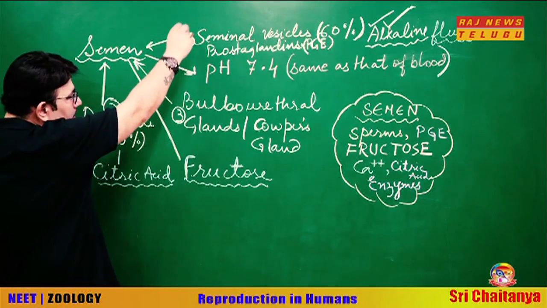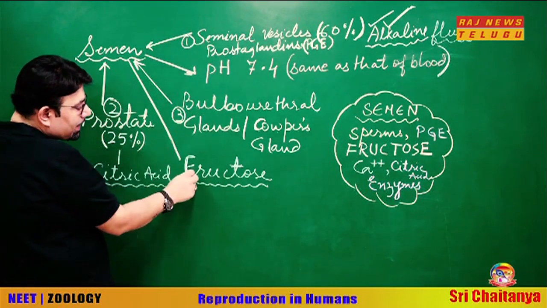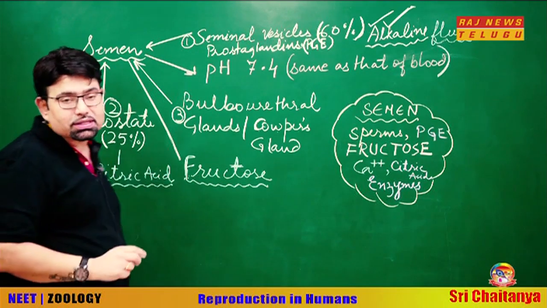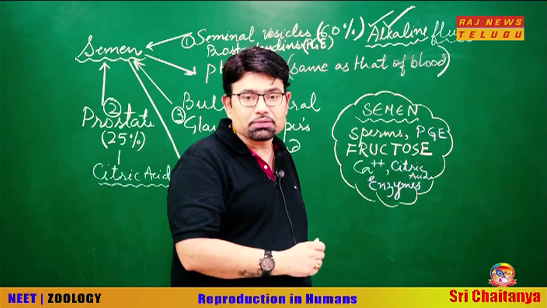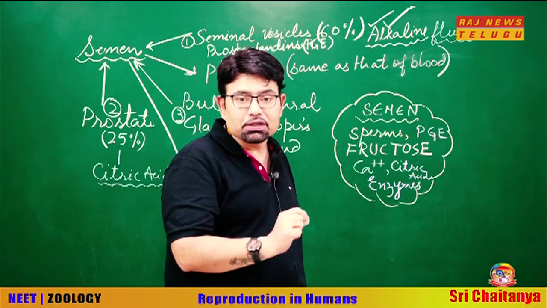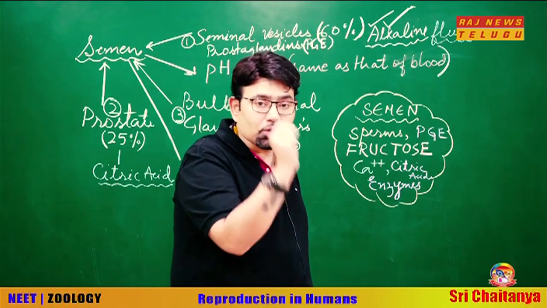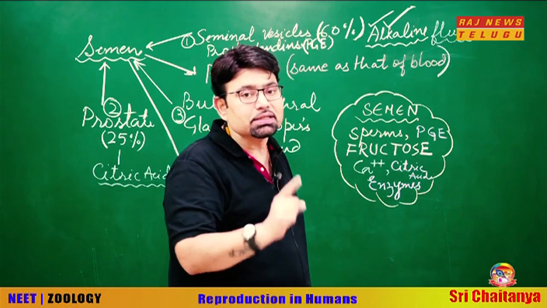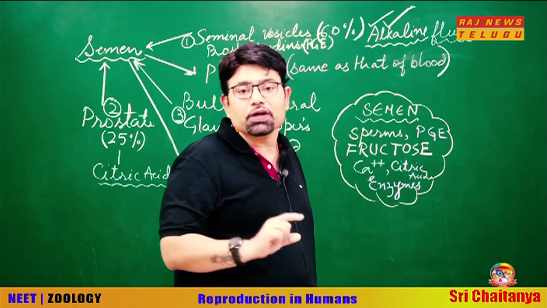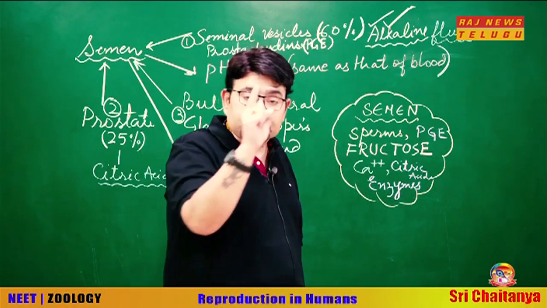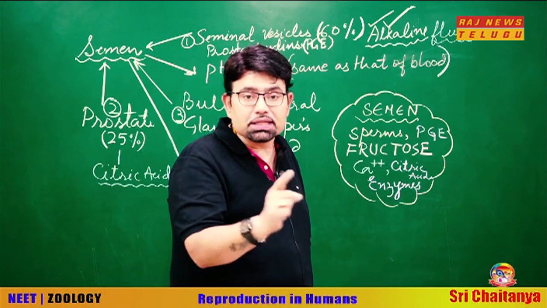The main thing produced by the seminal vesicle is fructose. Fructose provides energy to the spermatozoa. Very important point: fructose is not found in any other place in the body. The human body does not produce fructose. It is only present in the semen.